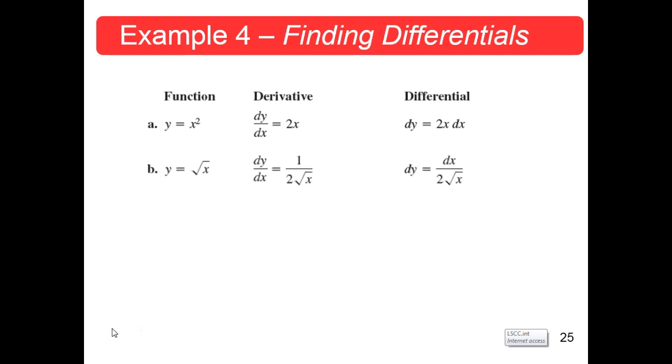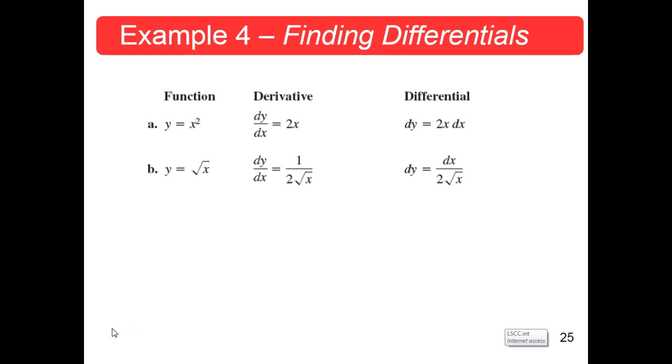Okay, how about this one? What would be the first thing you do to that one? I'd write it as x to the 1/2 and then take a derivative. dy dx would be 1/2 x to the negative 1/2, which would be 1 over that. I wouldn't ever do it that way.